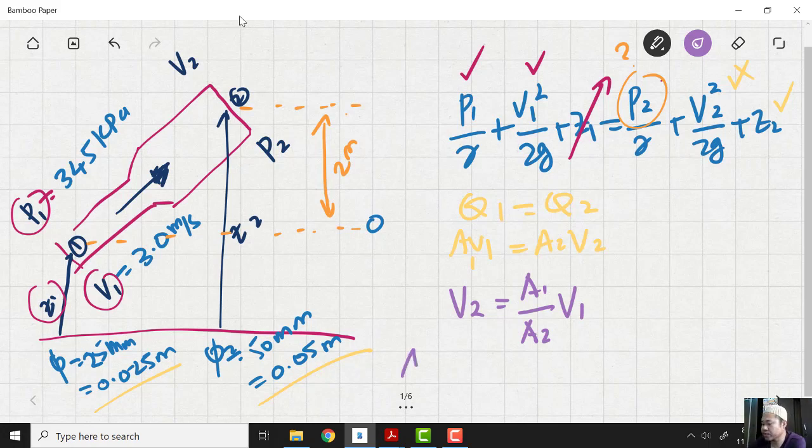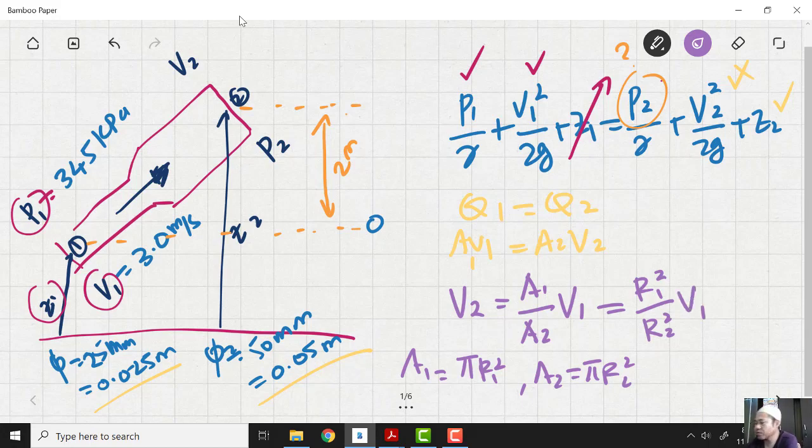We know that A1 is equal to pi R1 square and A2 is pi R2 square. So we can simplify the equation as R1 square over R2 square times V1. The value of V1 is given to us here, R1 is given to us and R2 is also given to us. So you can find V2. When you find V2, you can solve P2.